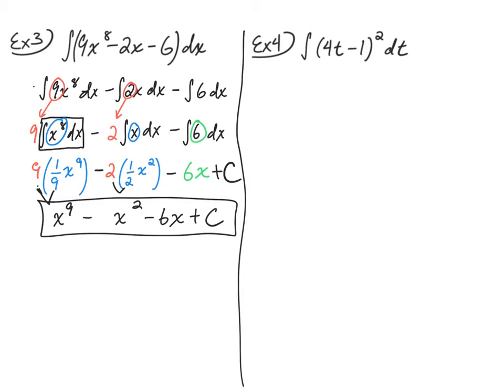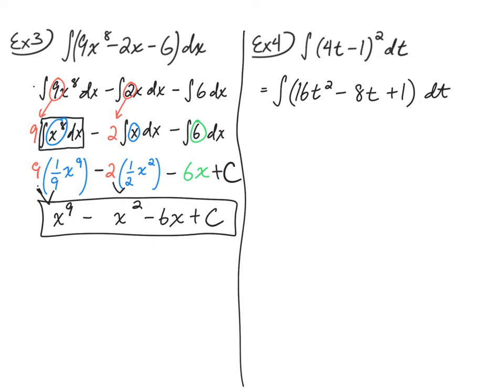So you can see here we have the antiderivative of 4t minus 1, the quantity squared, with respect to t. We cannot, in its current form, find the antiderivative for this expression. What we have to do instead is actually multiply this out. So when you multiply 4t minus 1 times another 4t minus 1, you'll get 16t squared minus 8t plus 1.